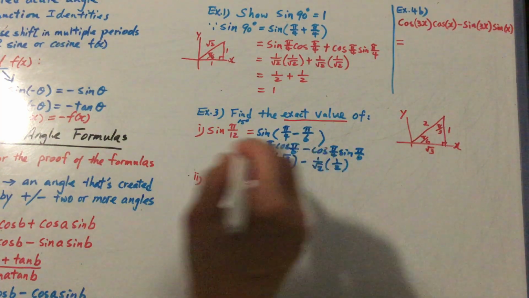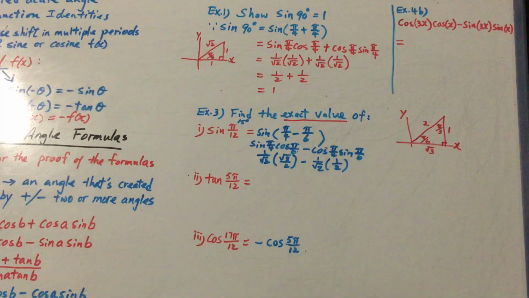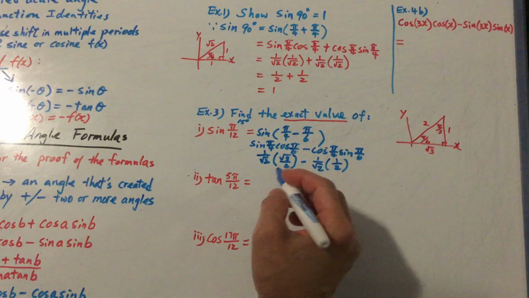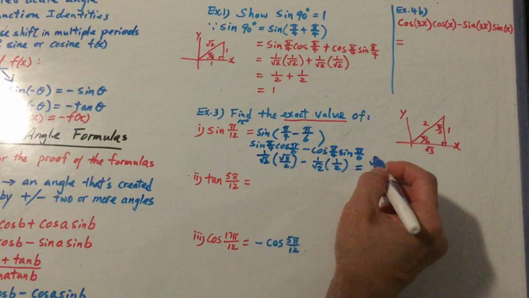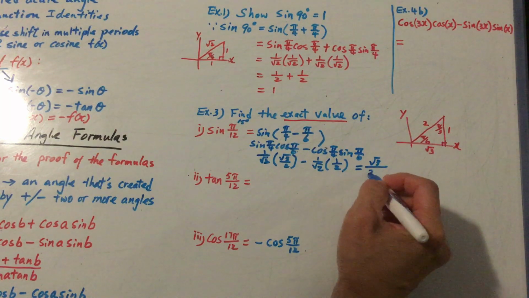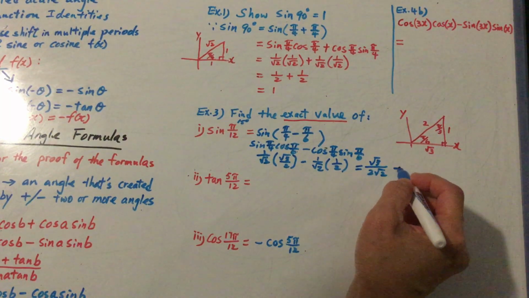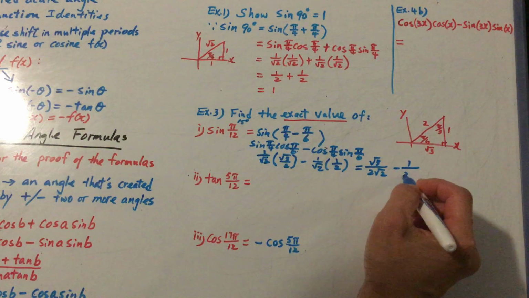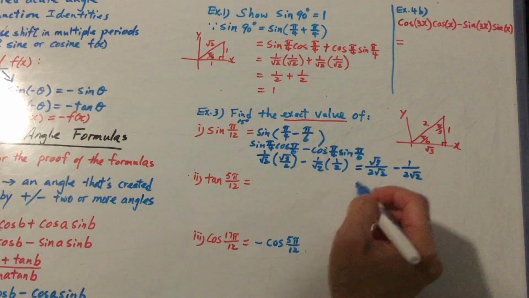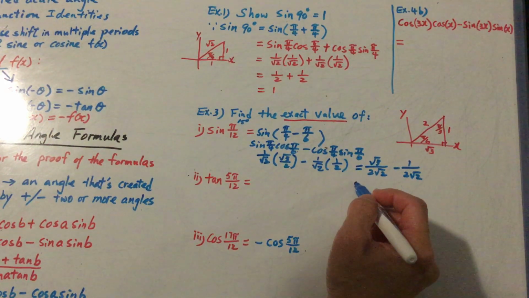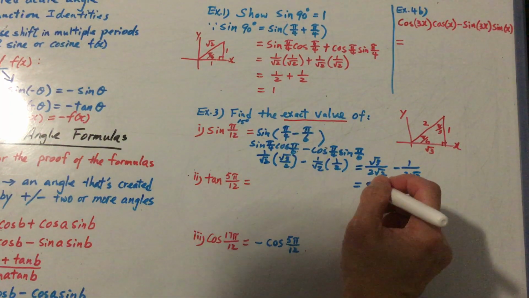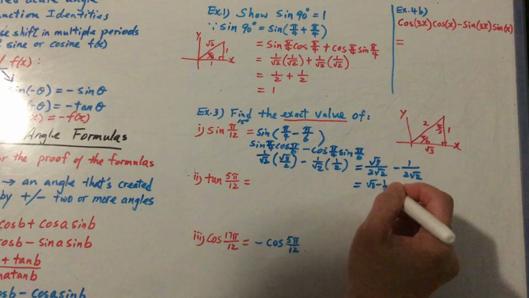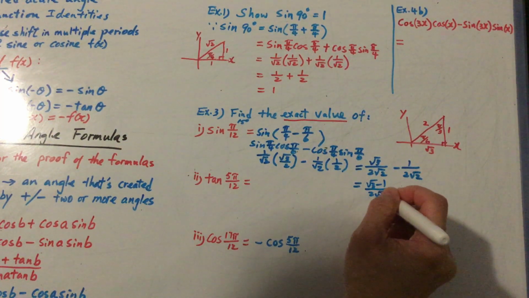Okay, so now after I got all the exact ratios, I can calculate that. This is going to give me root 3 over 2 root 2, and then minus 1 over 2 root 2. Since I have the same common denominator, I can now make this into root 3 minus 1 over 2 root 2.